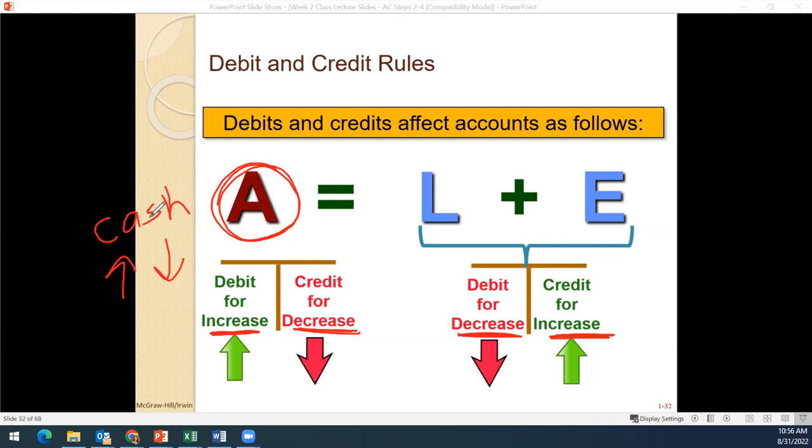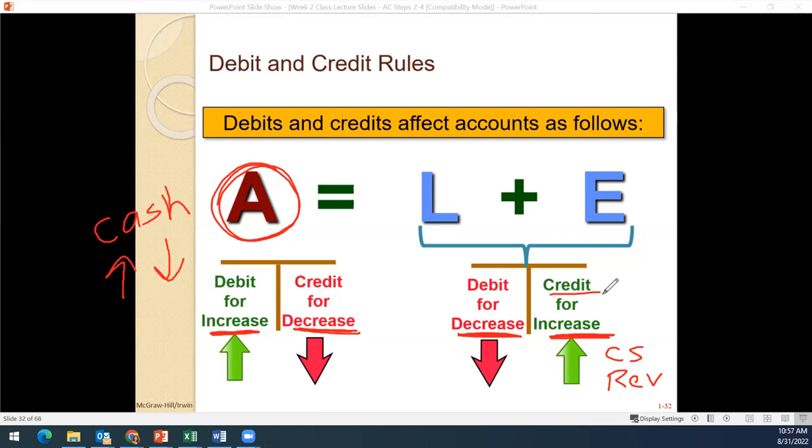So instead, we look at it like, what are the accounts that increase equity? We talked about this in those previous videos on the equity accounts. The accounts that increase equity are going to be common stock and revenue. By definition, they both increase equity, so they are always going to be credits.